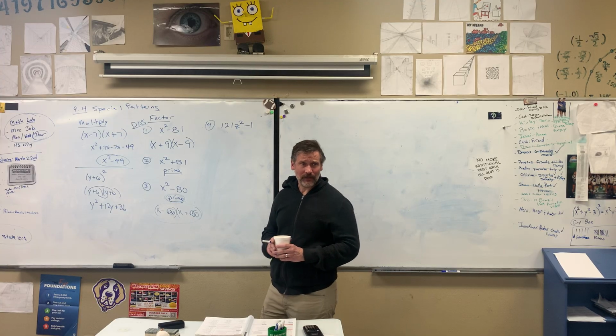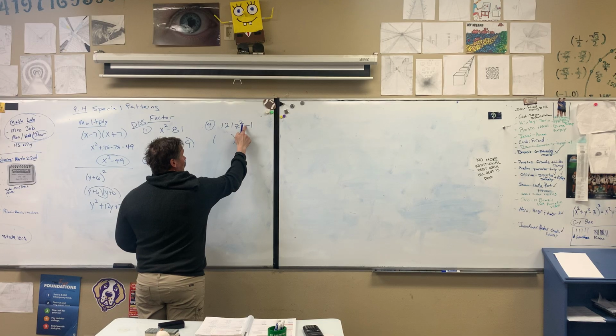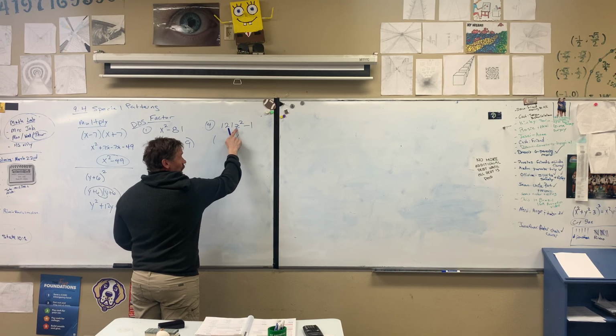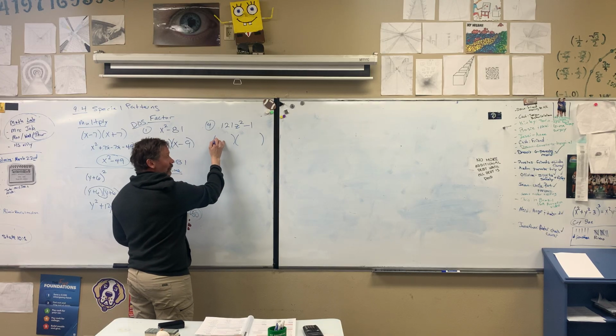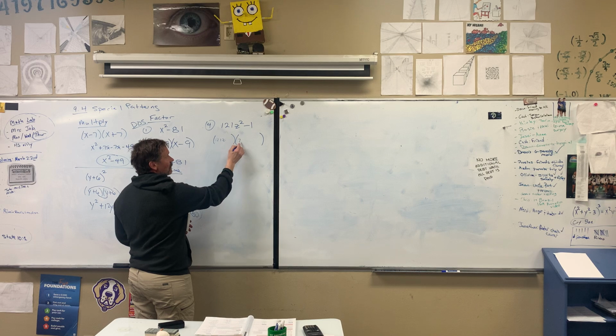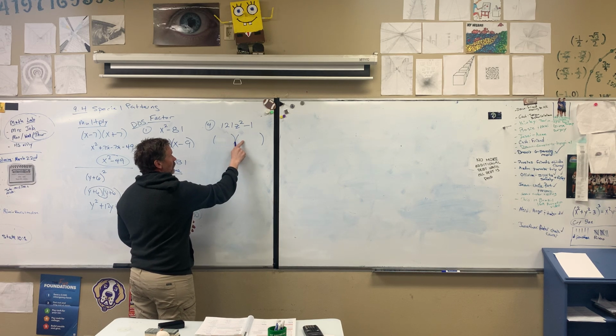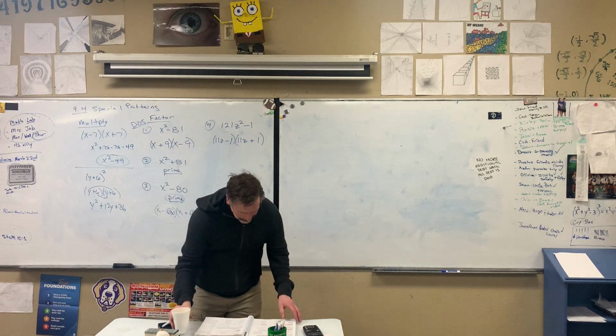People kind of struggle with that one sometimes. 1 is a perfect square because 1 times 1 gives you 1. So this is a difference of a perfect square and a perfect square. Some people make the error in the front here. They write 121z and then z. It's got to be the same thing here and the same thing here. Therefore, it is supposed to be 11z and 11z, and then minus 1 plus 1. Okay?